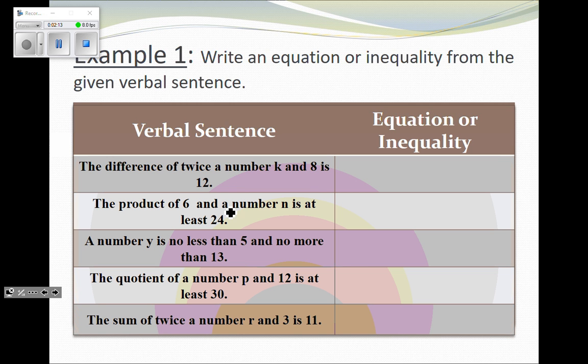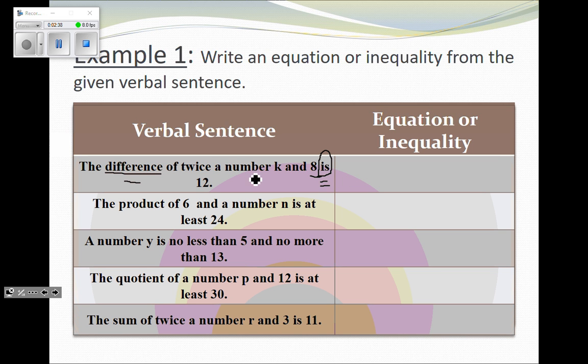Okay, so a couple things here. We know right away that "is" is very important. That means equal to. Okay, we know we have "difference." That means subtract. Okay, and then we have twice a number k and 8.